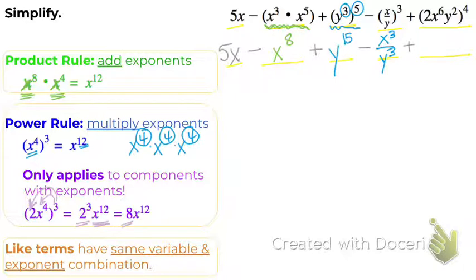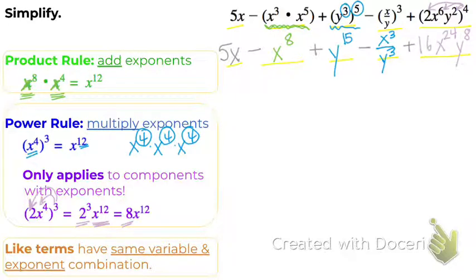Like this one over here is saying 2 to the fourth power, so I'm just going to write that as 2 to the fourth power first. And then x to the 6th to the fourth power is x to the 24th power, and y to the second to the fourth power is y to the 8th power. Now we can put in our calculator and simplify what is 2 to the fourth power, and 2 to the fourth power is just 16, so we can change that.